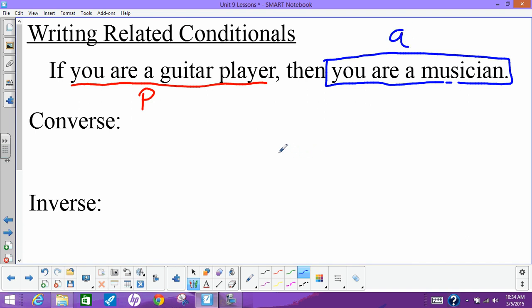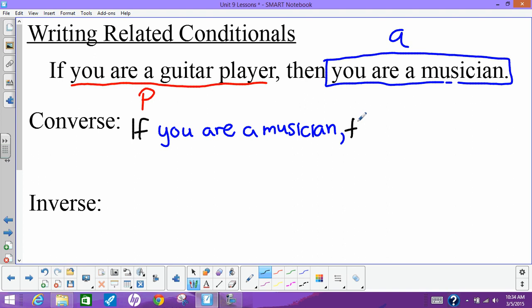So if we want to write the converse, we have to switch P and Q. So we're still going to have if, but now we're going to write you are a musician. So we're going to write Q first. We'll have our then.